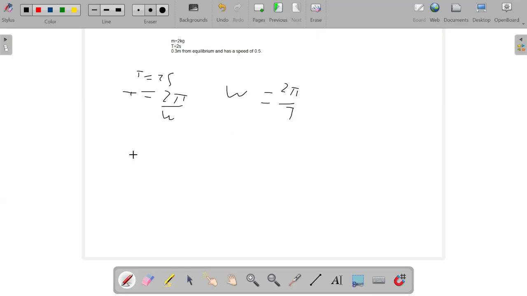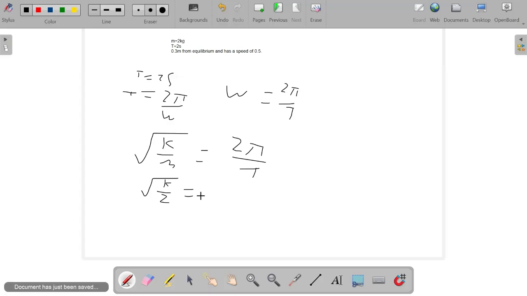So the square root of k over m equals 2 pi over T. And this is equal to just pi, because T equals 2. Plugging in 2 for m, the square root of k over 2 is equal to pi.